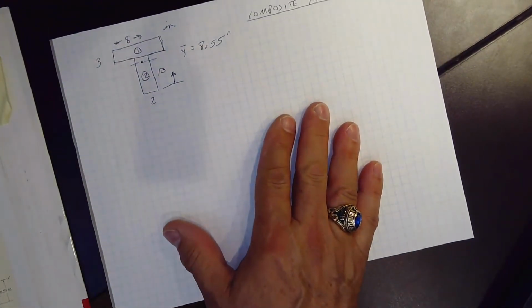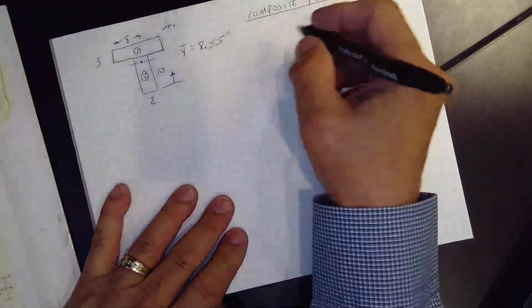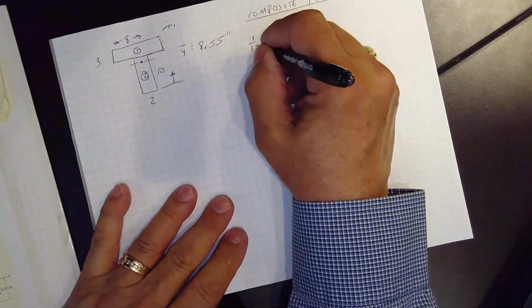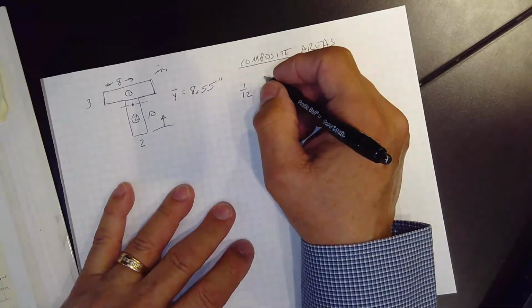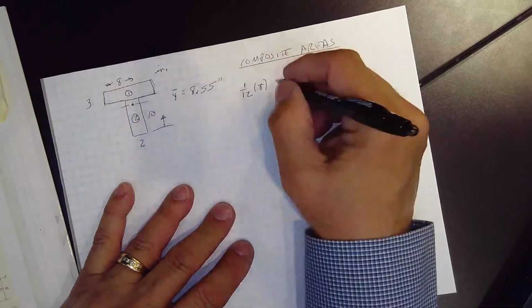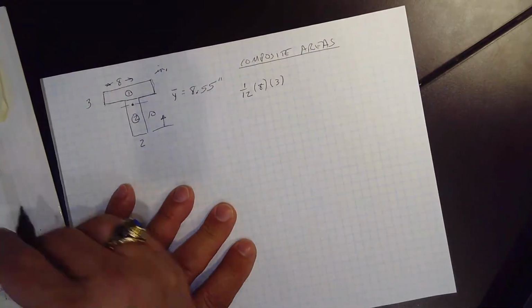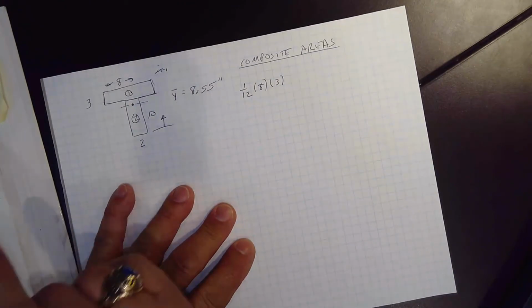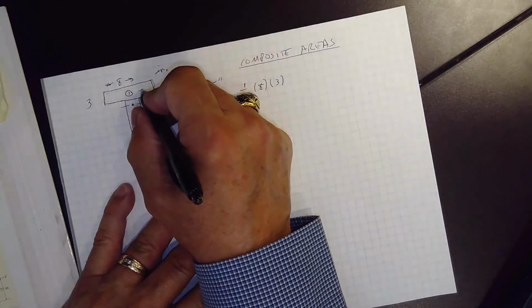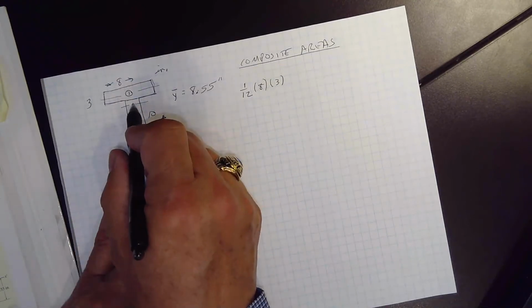So we know that the moment of inertia about number 1 is 1/12. The base is 8, times the height, which is 3. But that's about an axis up here, not about the centroid.